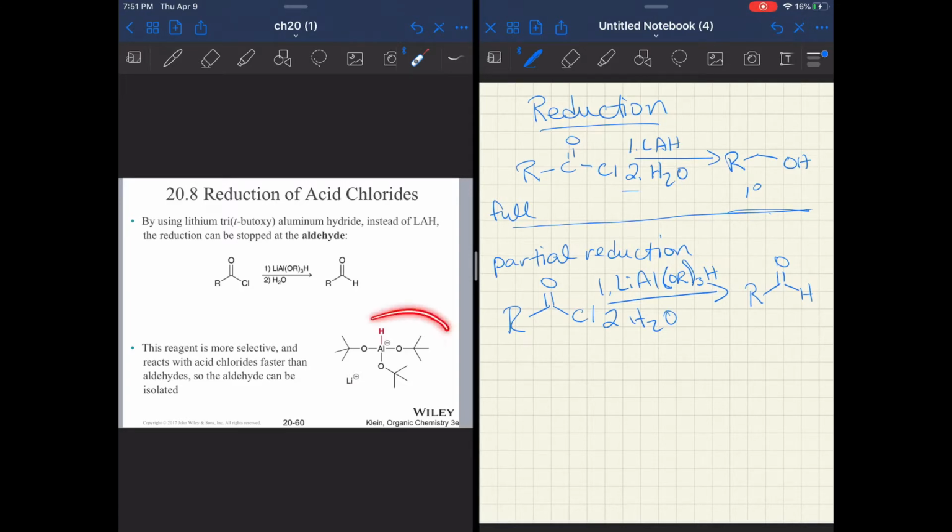In this picture you see right here, it's 3 t-butyl groups. What I encourage you to look for is that it's LAH, but with a little extra, right? You do not need to know the mechanism for this, but you do need to recognize this partial reduction.